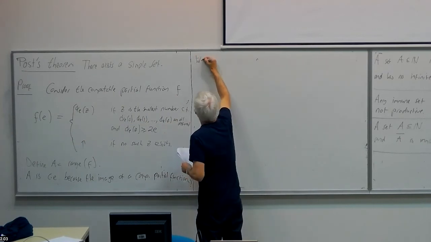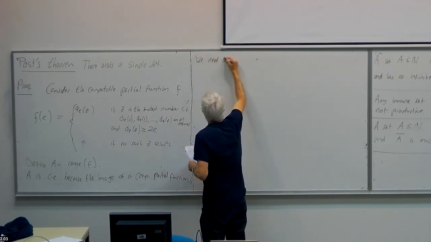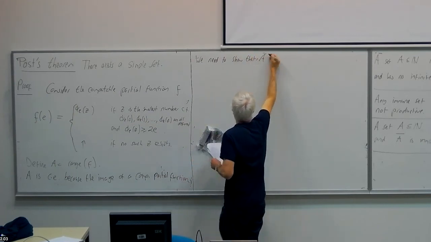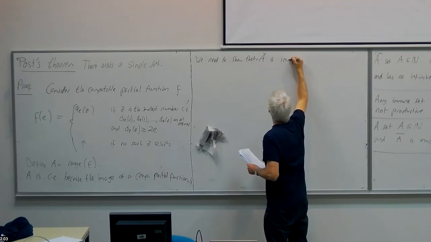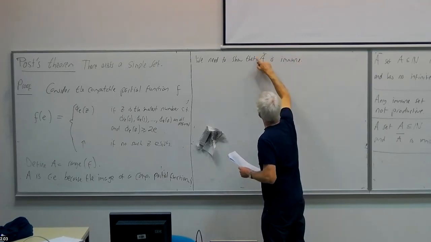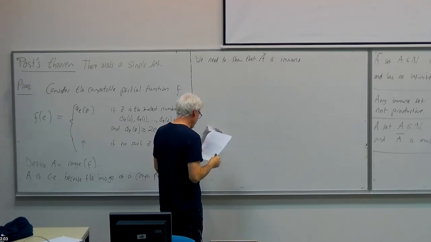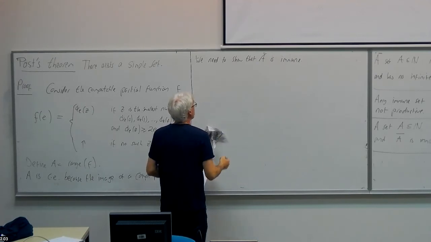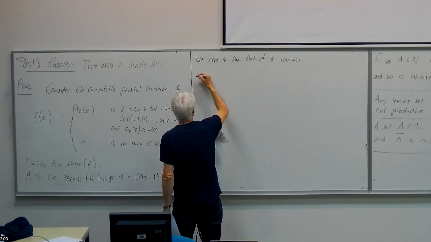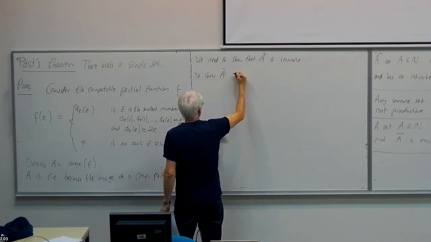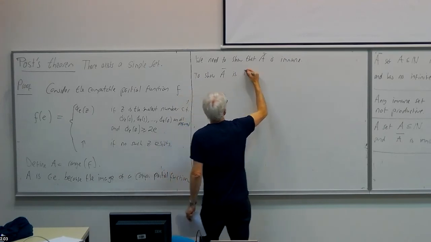So we need to show that the complement of A is immune. Firstly, we need to show it's infinite, and then that it has no computably infinite subsets. But let's first show that A prime, the complement of A, is infinite.